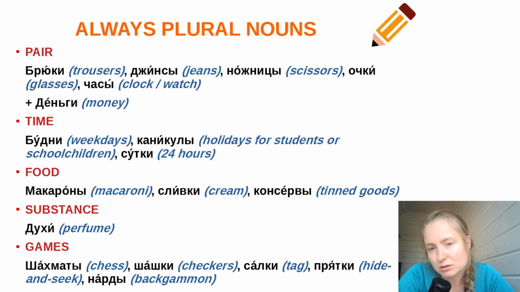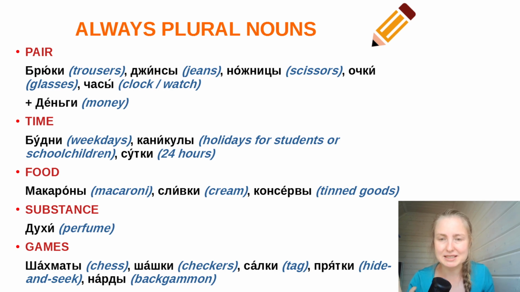So as you see, the Russian category of plural is a very grammatical thing in the Russian language. We don't pay lots of attention to the meaning of the words. We pay attention to the grammatical ending. So if the word has the ending ы or и, it's plural. So be careful with this.